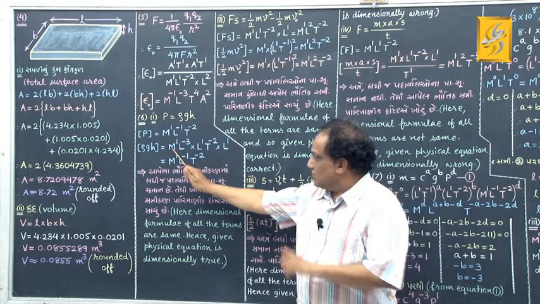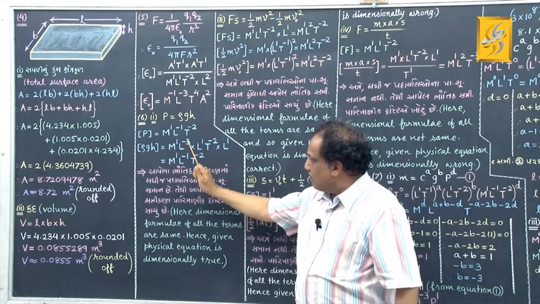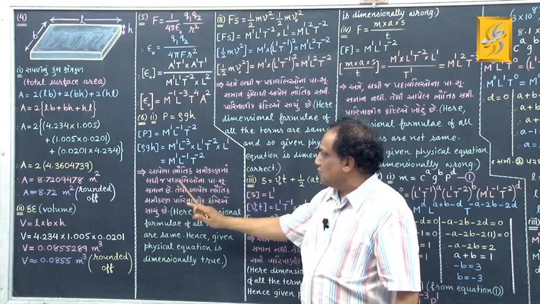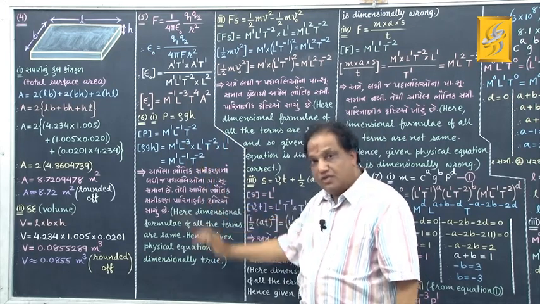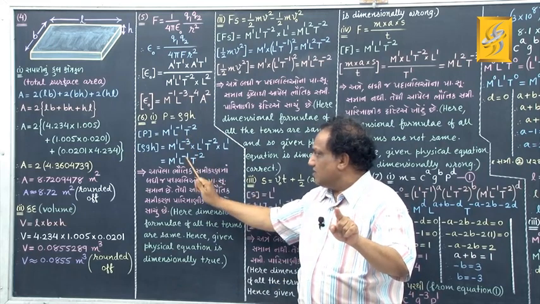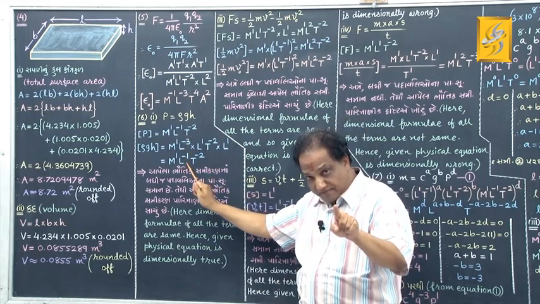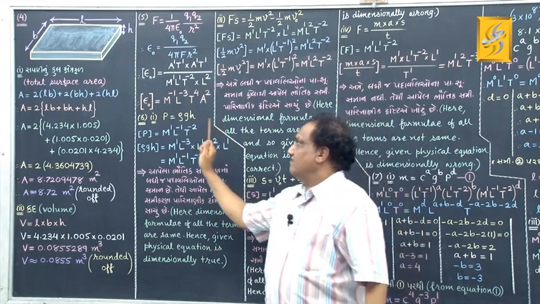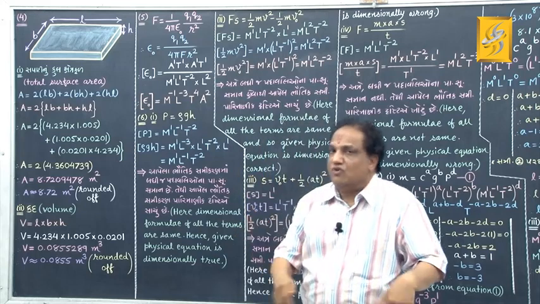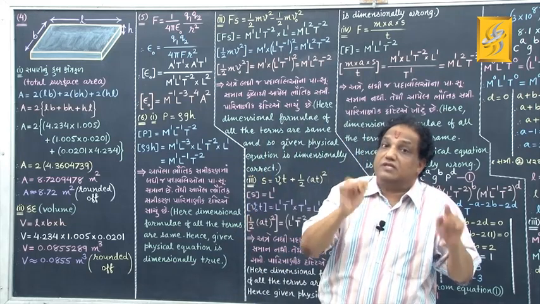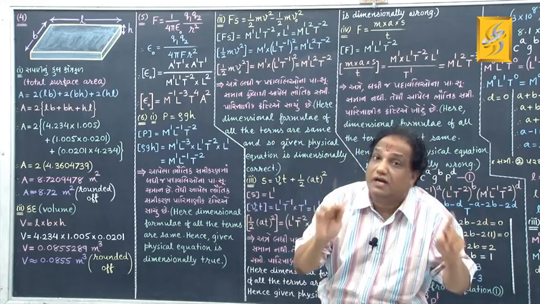Simplify, M raised to 1 as it is, L raised to minus 3 plus 2, that is minus 1, T raised to minus 2 as it is. You can see these 2 dimensional formulas are same, and because in a given physical equation the dimensional formula of all the terms are same, we can say the given physical equation is dimensionally correct.